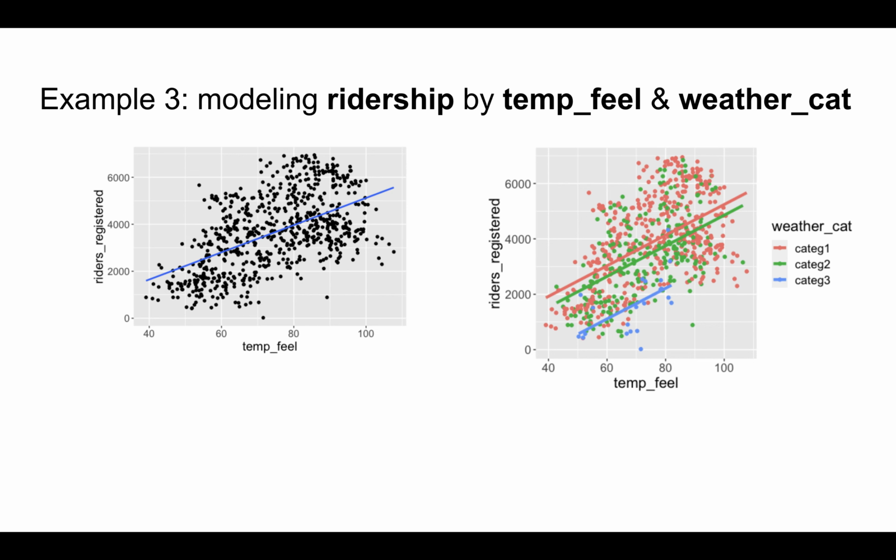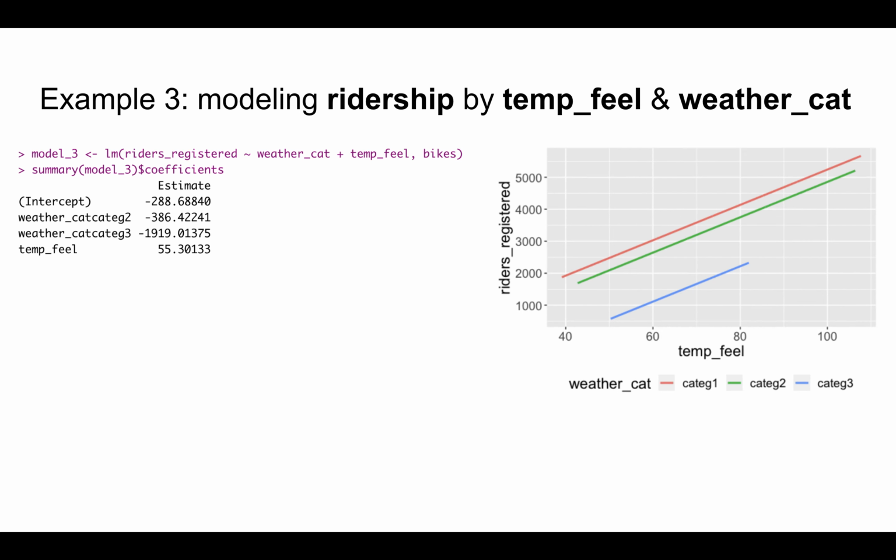We can obtain the equations for these three lines by building a model and examining the model formula. The key to making meaning of this model will be plugging in the appropriate zeros and ones for the weather categories 2 and 3, while not changing temperature at this point.